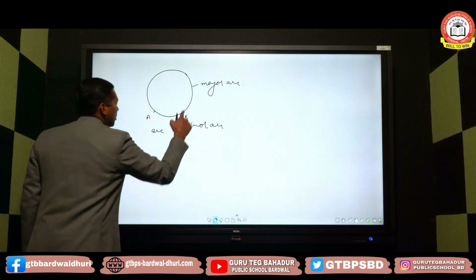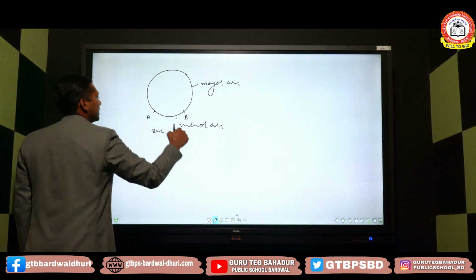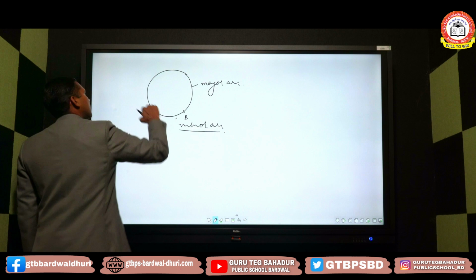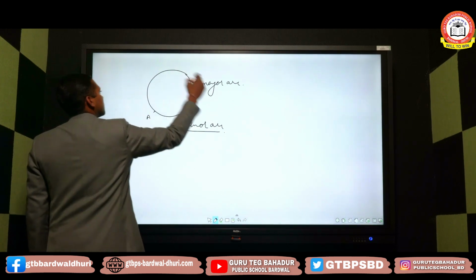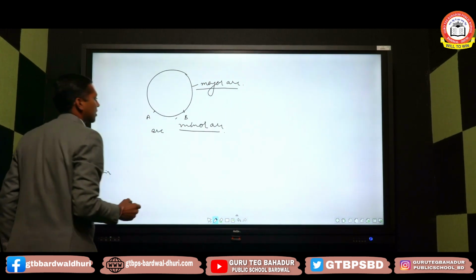So the shorter or smaller length is the minor arc, and the longer is called the major arc.